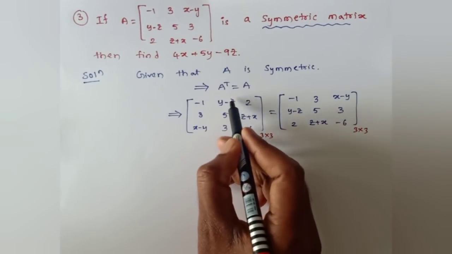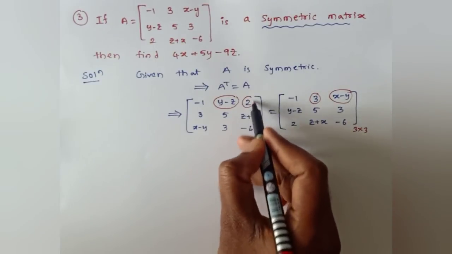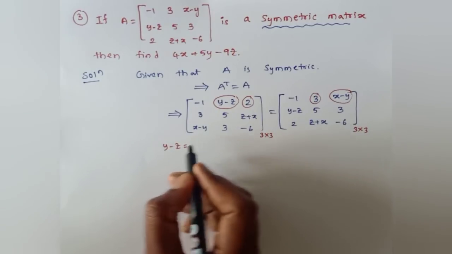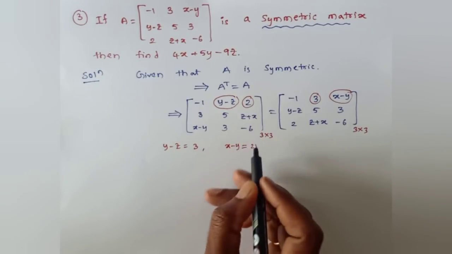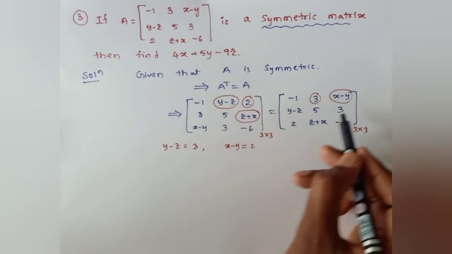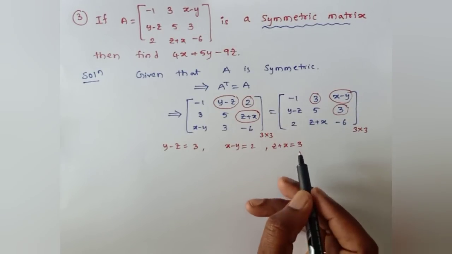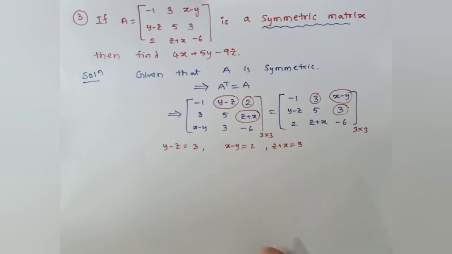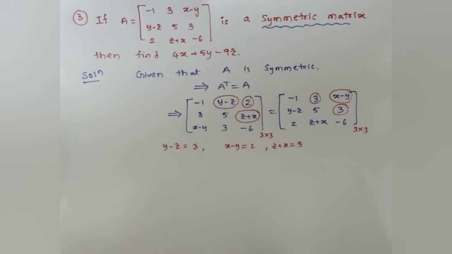So from the corresponding elements we can write some conditions. y minus z equals 3, and x minus y equals 2. Similarly, z plus x is 3. So solve these three equations, and you may get the values of x, y, z.